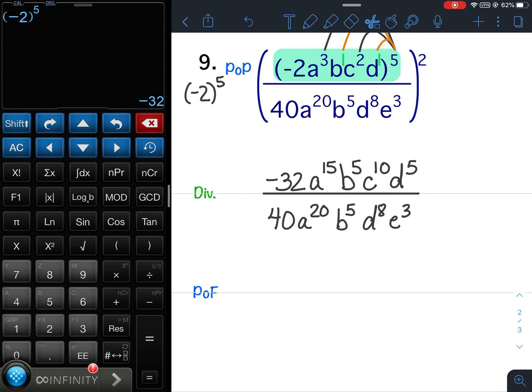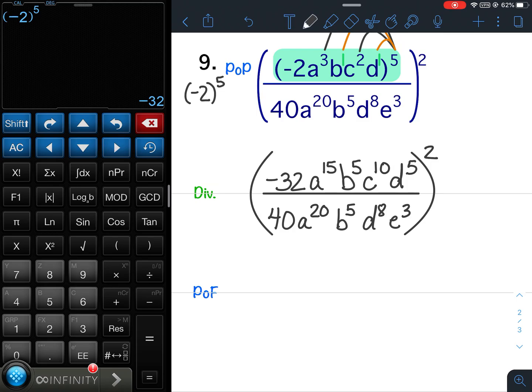And don't forget, the big mistake a lot of people make is they forget to put the parentheses back on this problem. And we still have a square on the outside. Now I'm ready to divide.